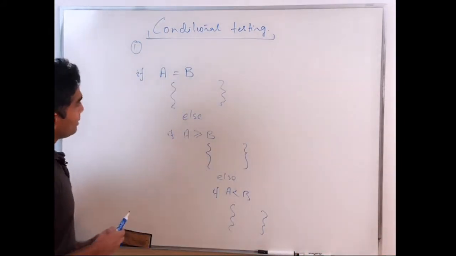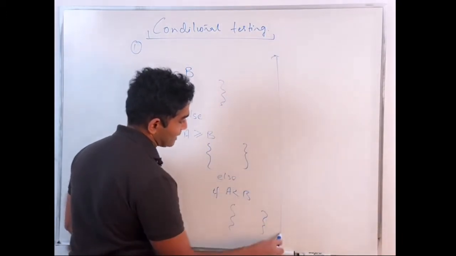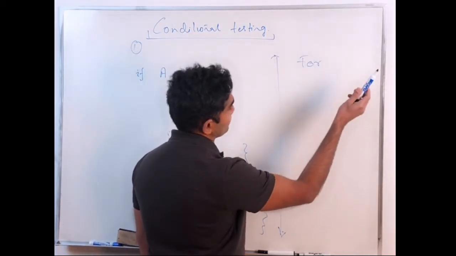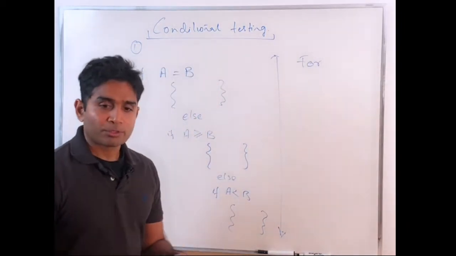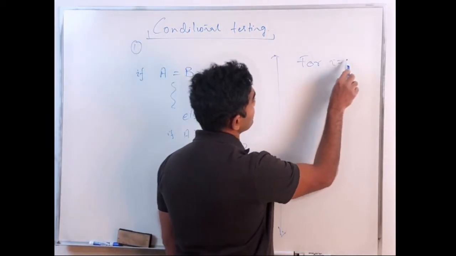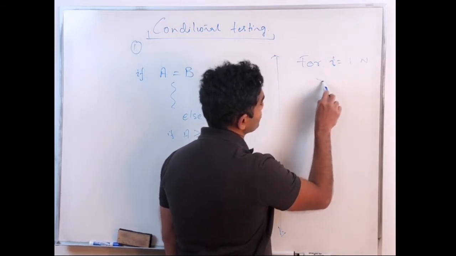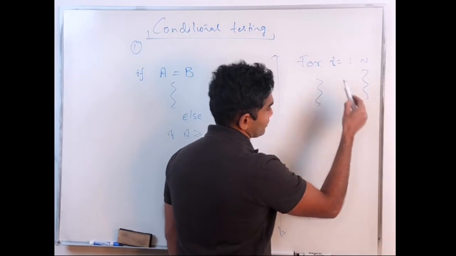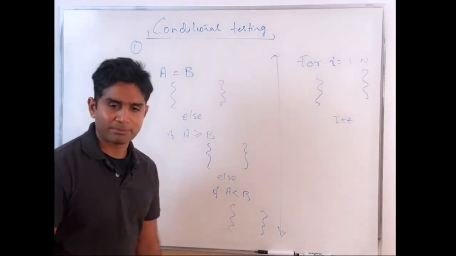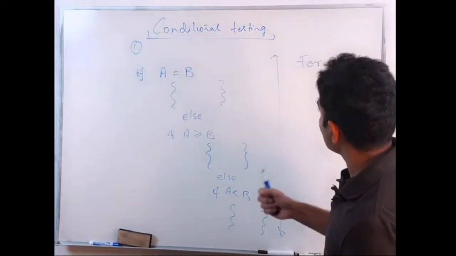Other examples of high-level language code would include a for loop. For example, you can ask the computer to do some operations based on a for loop, for i equals 1 to n. You ask the computer to do some particular operations, and then you increment i, and every time the loop is executed, it goes back and checks i.